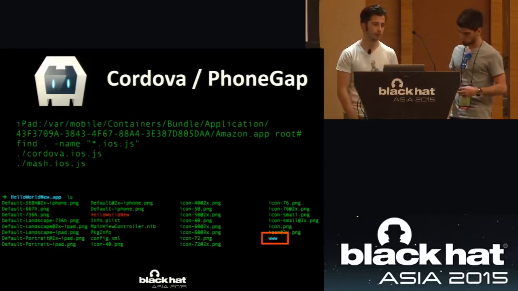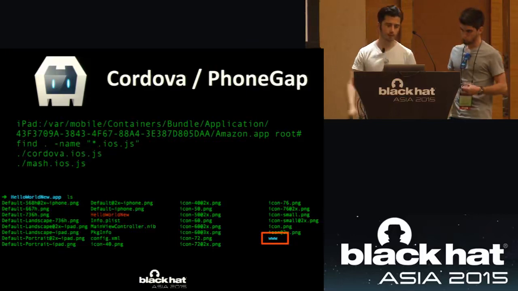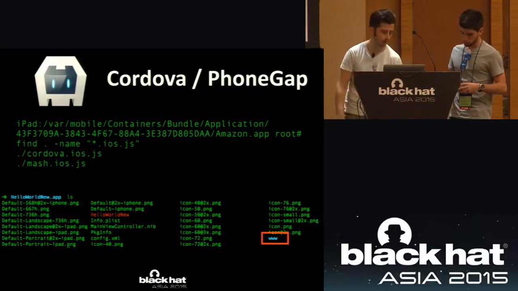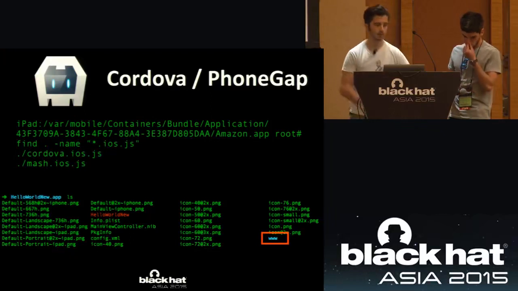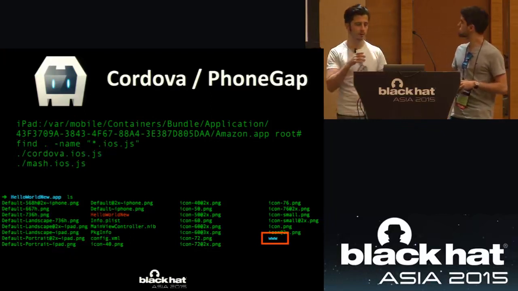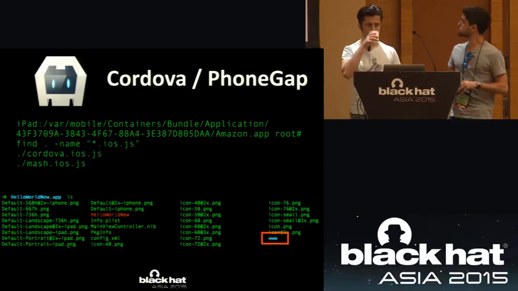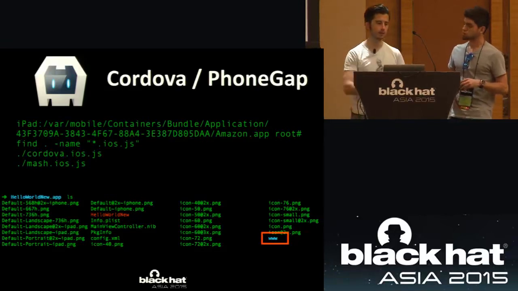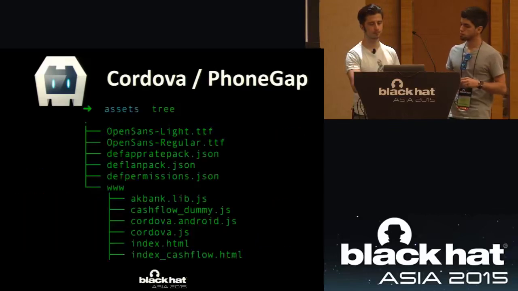Here we see some examples. For example, here we have the Amazon application, which for some functionality uses the Cordova framework. As we can see inside of the application bundle, we have the JavaScript code. At the bottom, we have another custom-made iOS application, and the code is as well in the main application bundle.